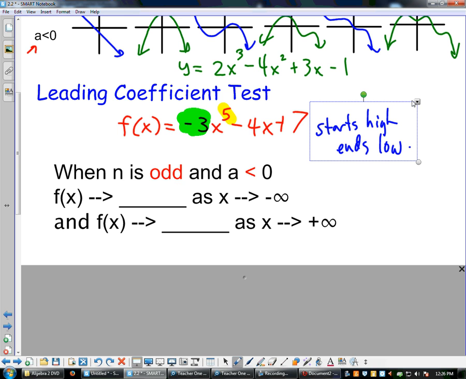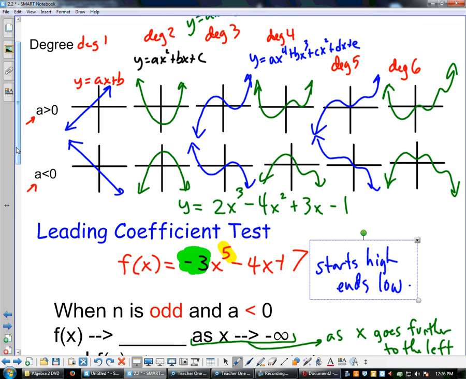What that means when you see as x approaches negative infinity, when you see this part right here, I want you to be thinking as x goes further and further to the left. So on your graph, which we were liking, this graph right here, correct?